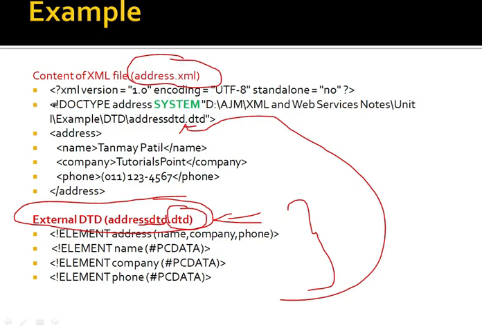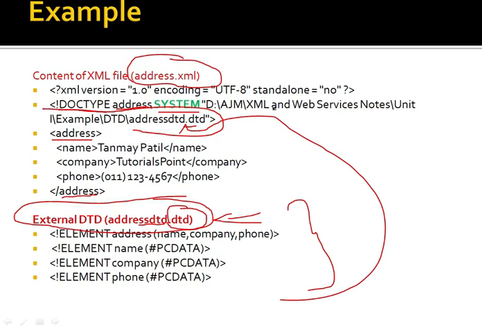So the DTD begins like this: doctype, then the root element. Address is the root element. Then SYSTEM. What does it say? SYSTEM is a keyword that tells where the DTD definition is found, the path.